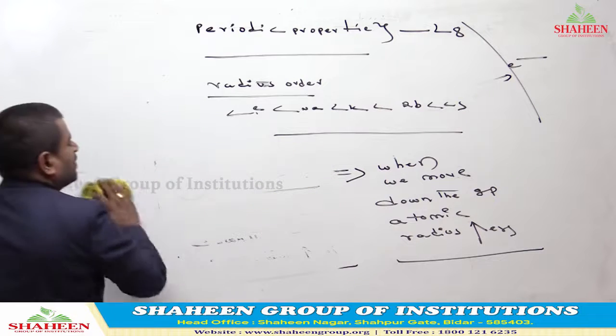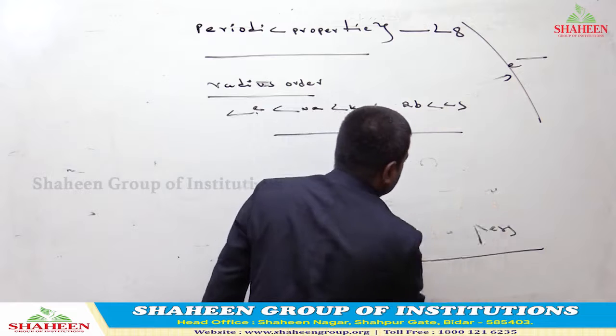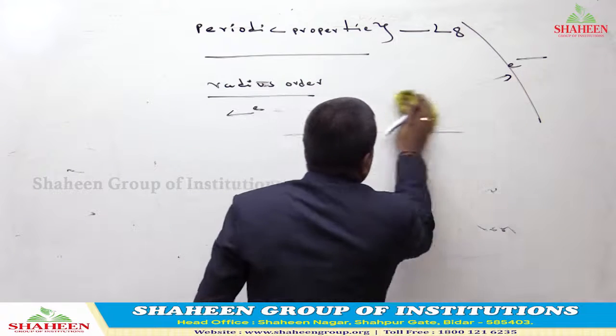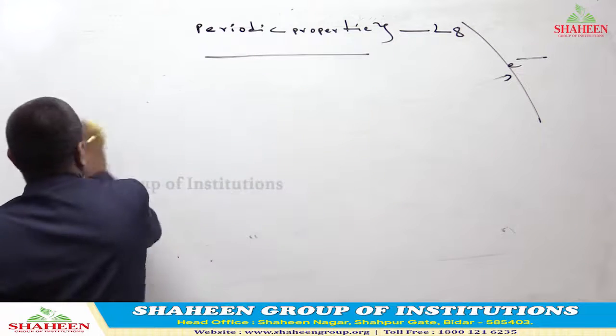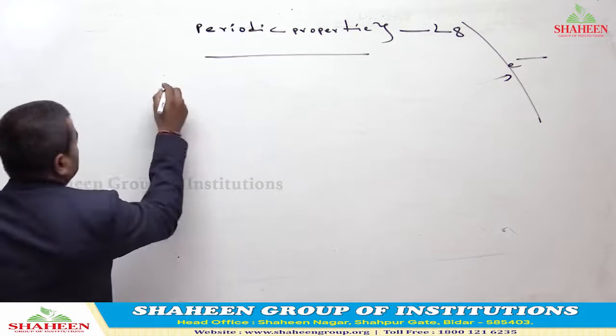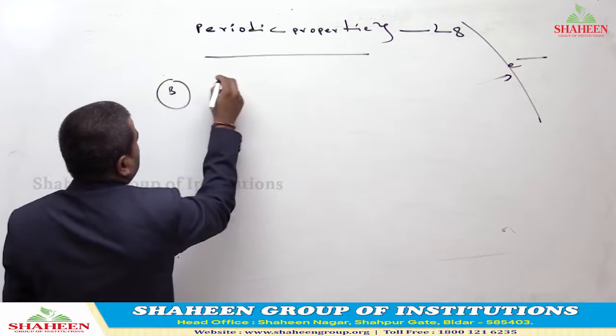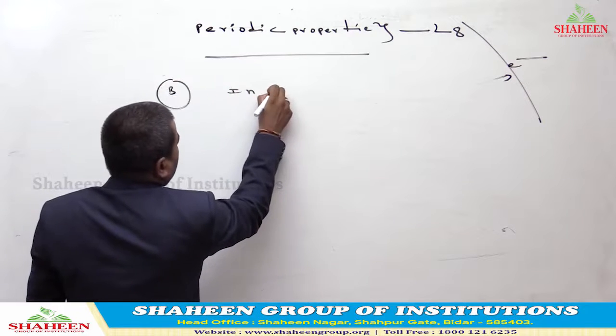Now let us discuss variation of atomic radius in a period.